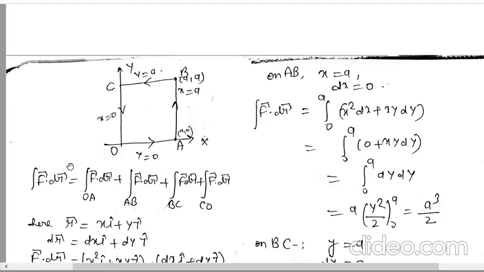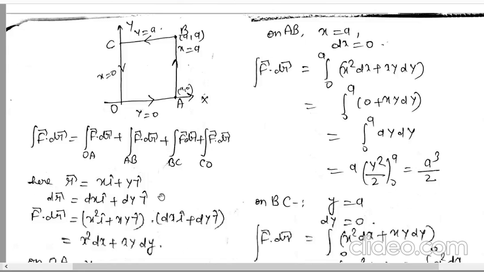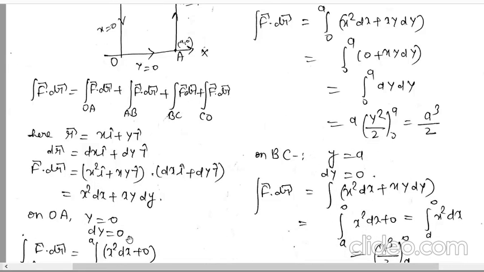So you will divide the total into 4 parts: OA, AB, BC, CO. Now, first r vector is x i plus y j, dr vector is dx i plus dy j. Now along the line OA, you can see that your y value is 0, right? So your dy value is also 0. If y is 0, then dy is also 0. So your F vector dot dr vector will be x square dx plus 0.